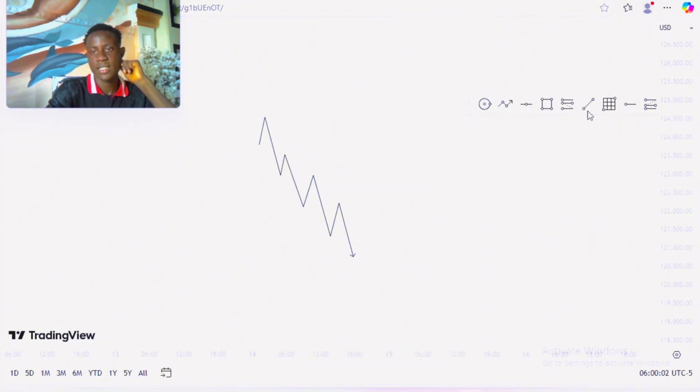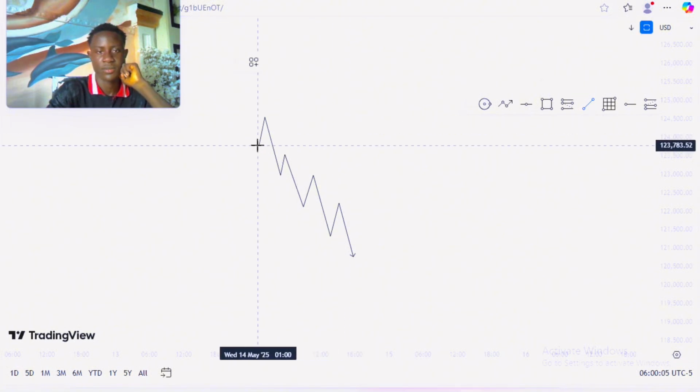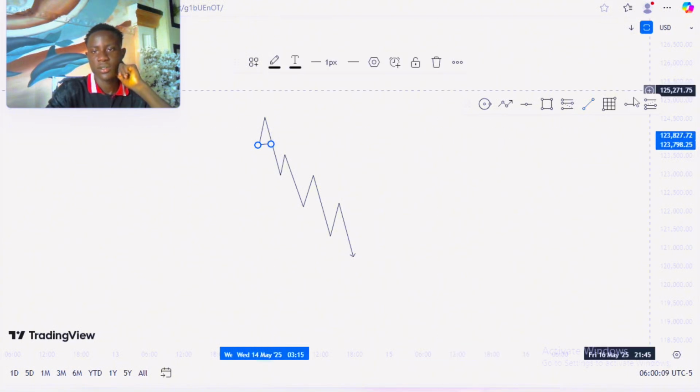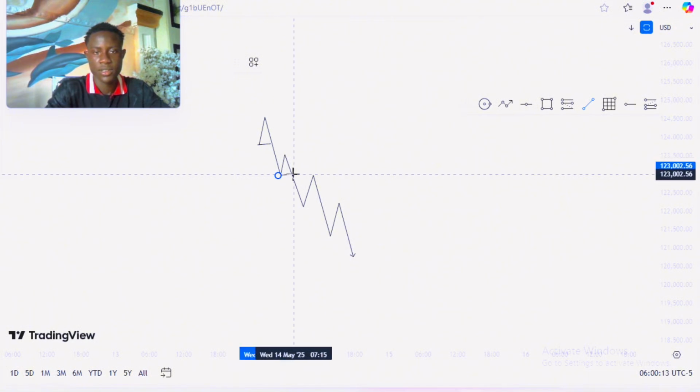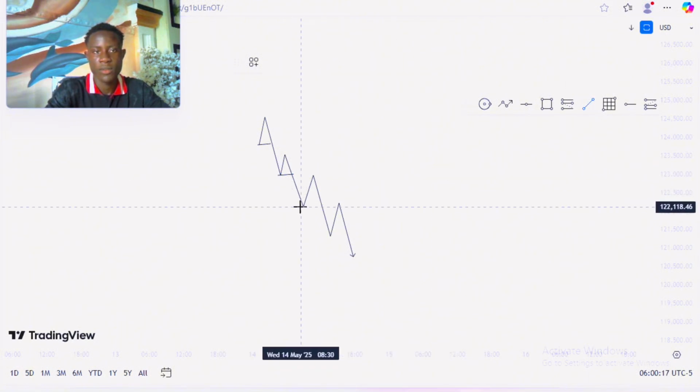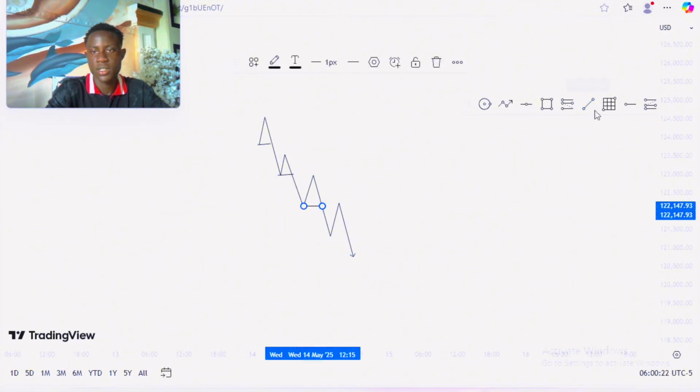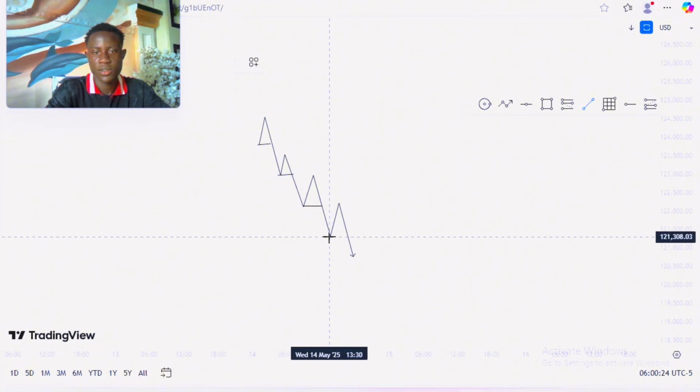Like I said, here is a break of structure, and here is another break of structure, and here, and here, and also this level right here is a break of structure.